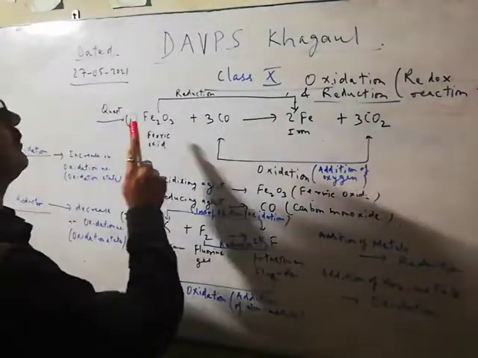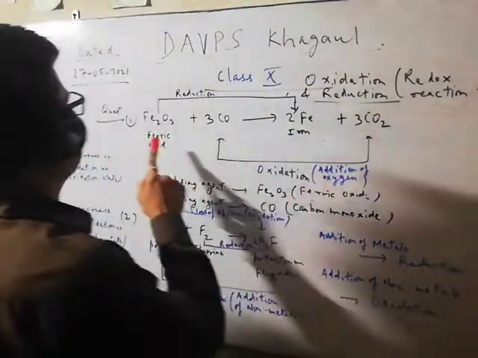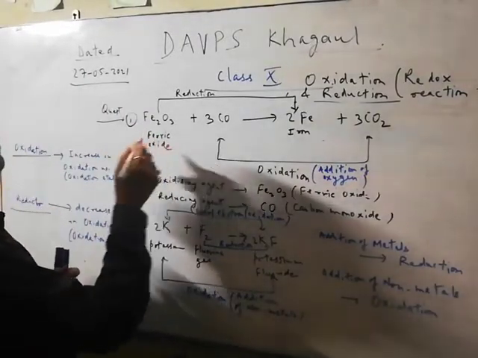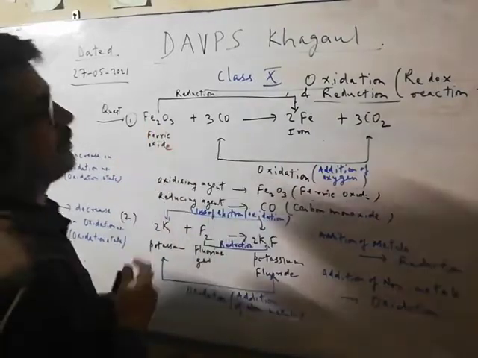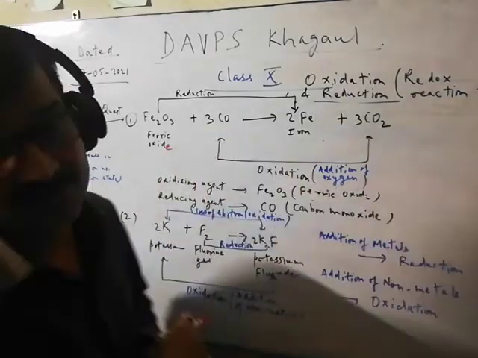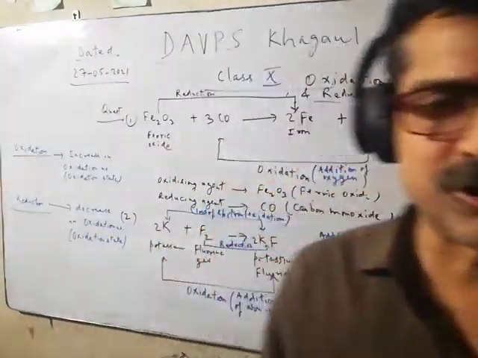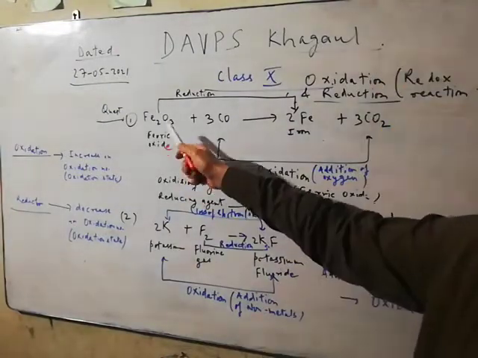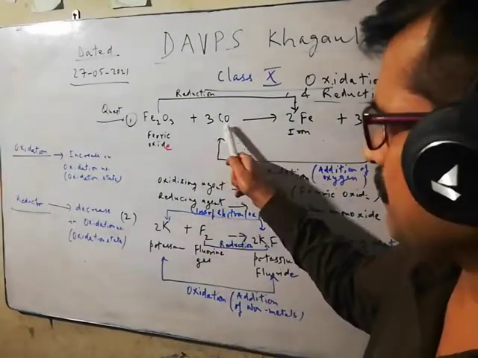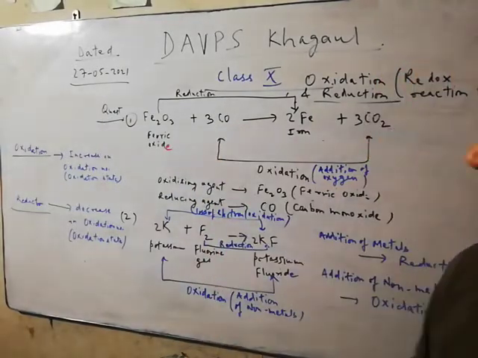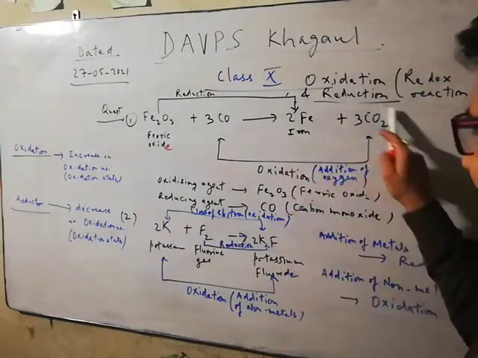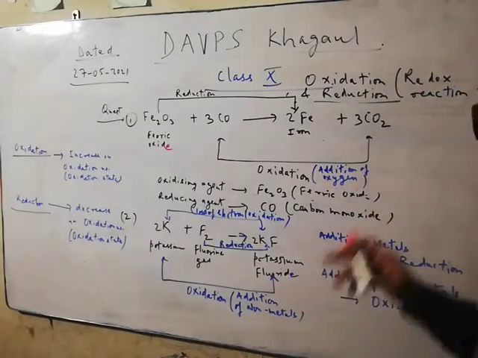Like you see here, some chemical reactions that we have to decide. Ferric oxide, Fe2O3, reacts with carbon monoxide, CO. Iron is formed and we obtain carbon dioxide gas.